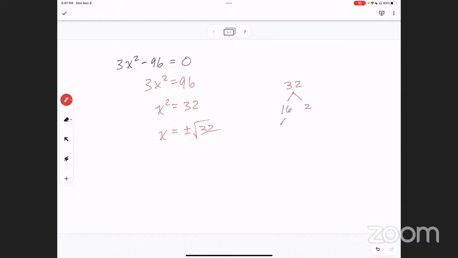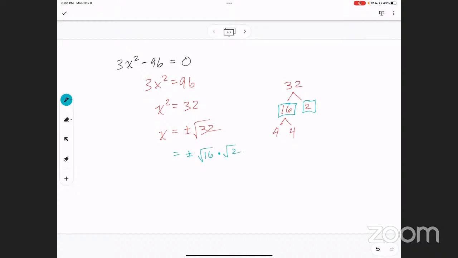Okay, and what goes into 16? 8 and 2. Well, it is 8 and 2, but can you see that it's also 4 and 4? Yeah. So if you see right away that that's a perfect square, be like, oh, there we go. So this really just equals the square root of 16 times the square root of 2.